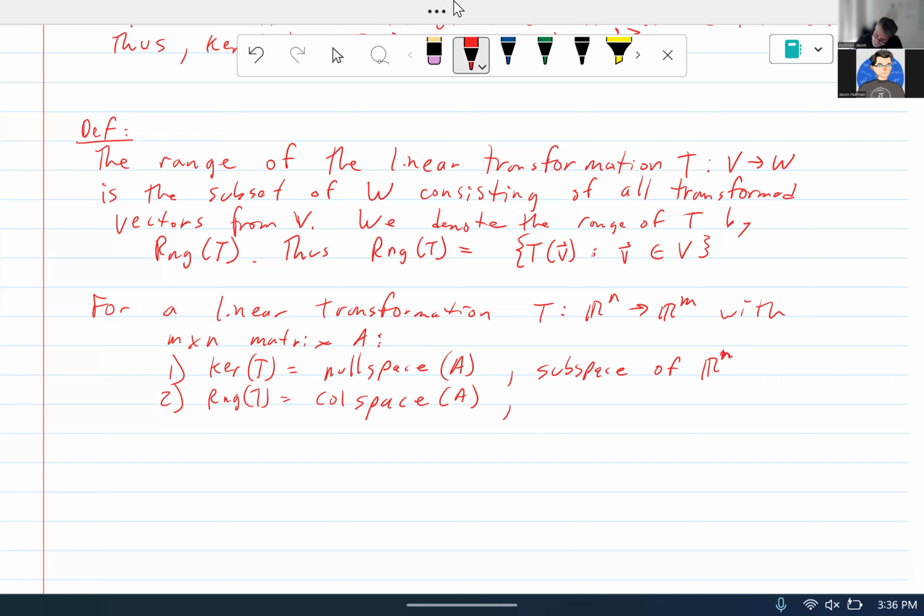And the column space is a subspace of R^m, where we're going to. Which makes sense. The output would be a subspace of the output dimensions. The null space is R^n, which is the dimension of my input vectors, the same dimension as the vectors that go into the transformation.